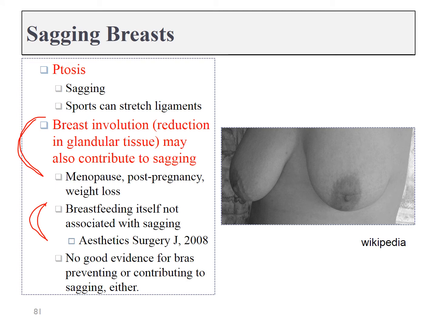Whether women breastfeed or not is irrelevant. If they get pregnant, then their hormones, like estrogen and progesterone, will drive growth of breast tissue, but then when that is no longer needed, those hormone levels will drop and breast tissue will involute or reduce in size, which can lead to sagging.